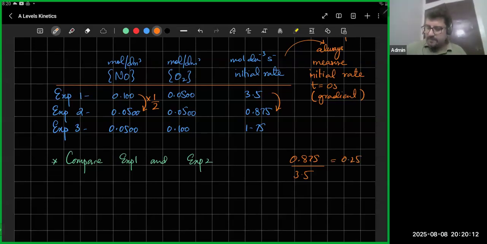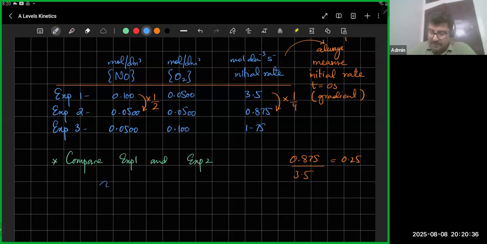Which is 1 by 4. So that's 1 by 4. A constant relationship has formed. This is not directly proportional. This is not order one. I've halved this, and the rate on the other side has decreased by 1 by 4. So that's a squared relationship. That means it's order two.